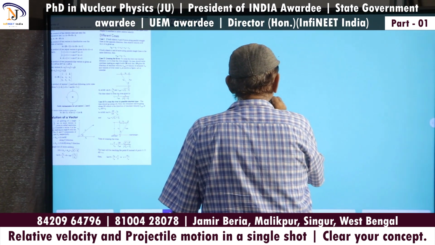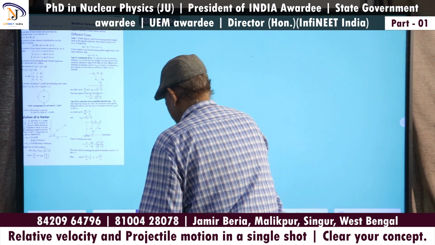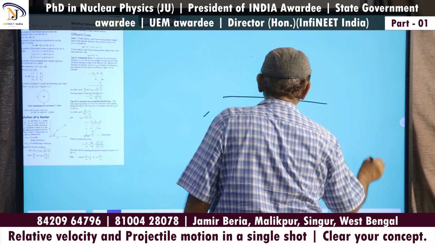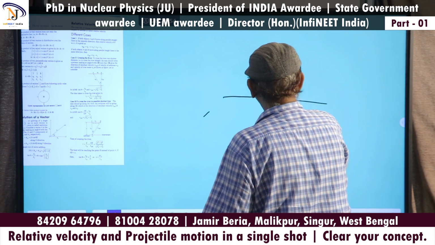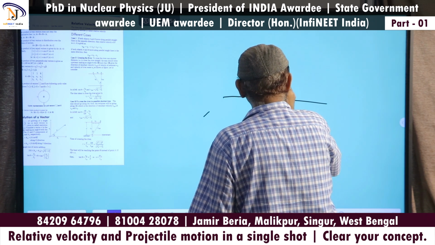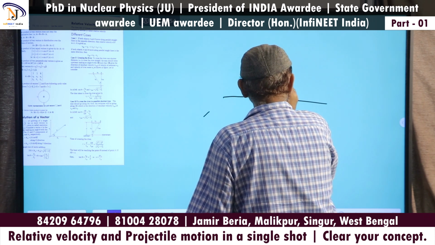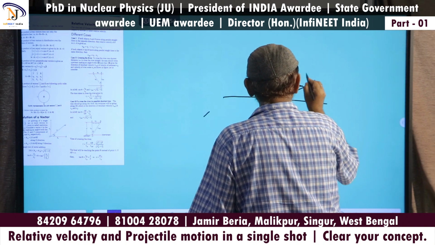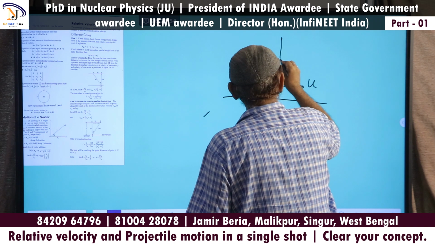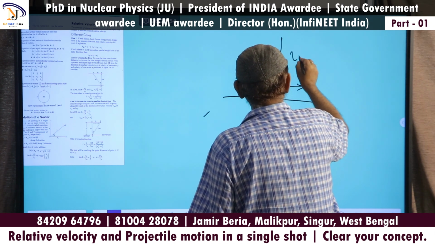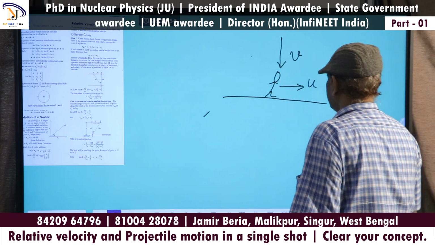Suppose a person is moving in this direction with velocity u. Rain is falling in this direction with velocity v.